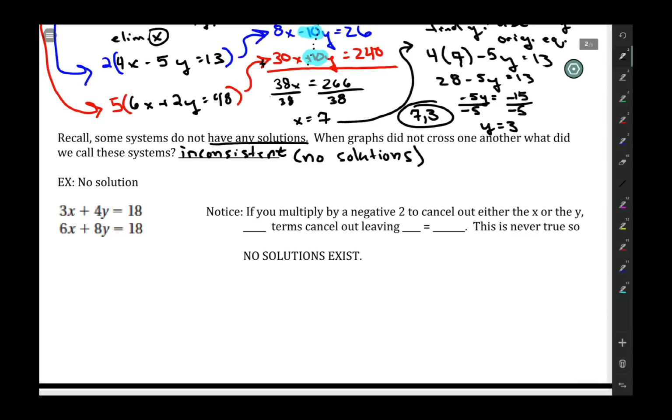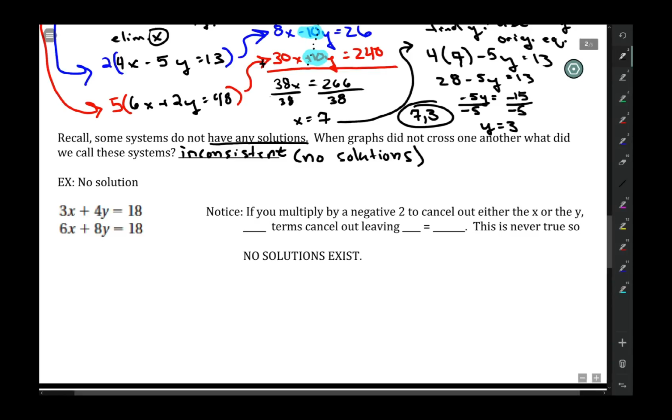And notice, okay, if you go to solve this by elimination, so if we multiply by the negative 2, let's choose the first one to multiply by negative 2. What does that leave us with? Negative 6x minus 8y equals negative 36.